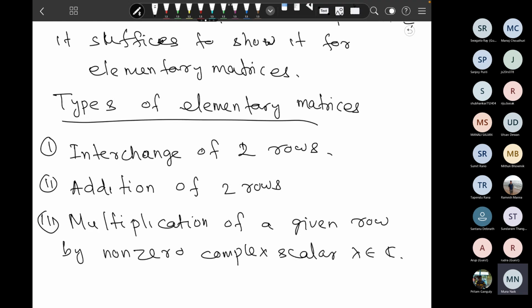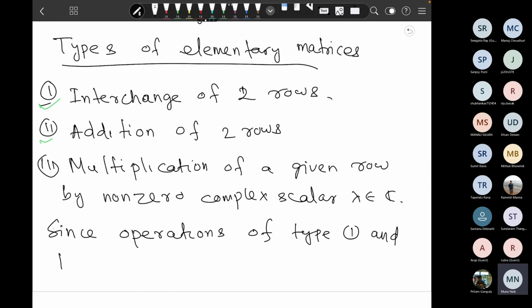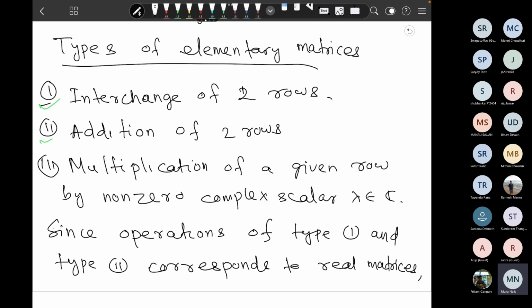Observe that the elementary matrices of type 1 and type 2 are actually real matrices, since operations of type 1 and type 2 correspond to real matrices. In this case also we are done.